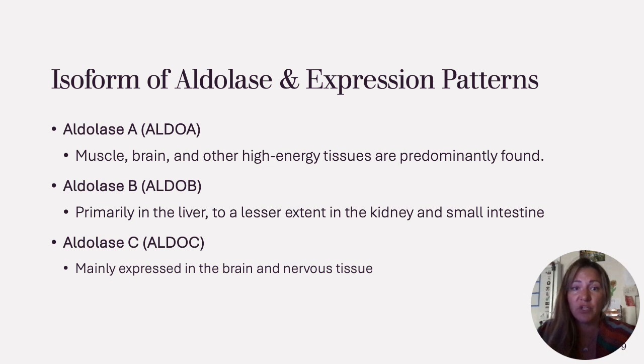Aldolase B expression is mostly in the liver and to a lesser extent in the kidney and small intestine. It functions in both glycolysis and gluconeogenesis.